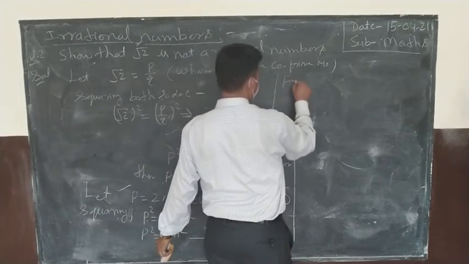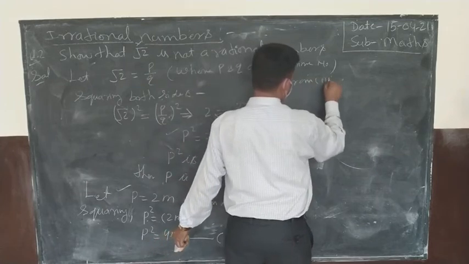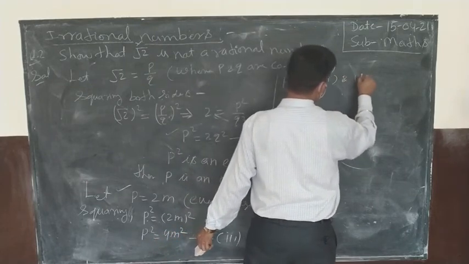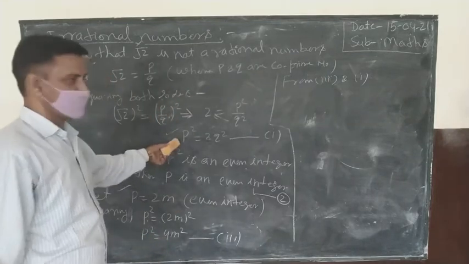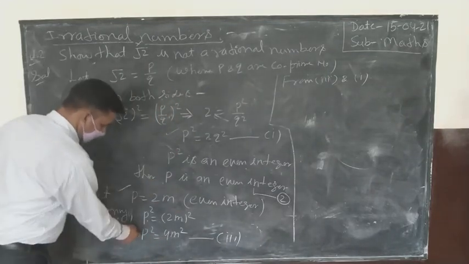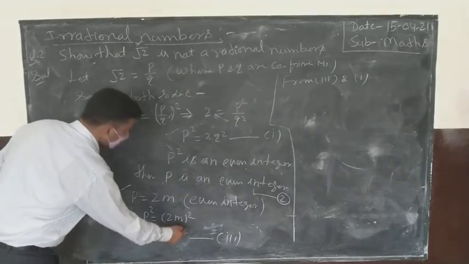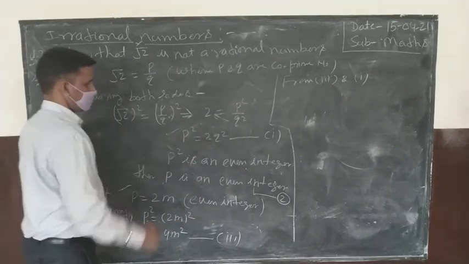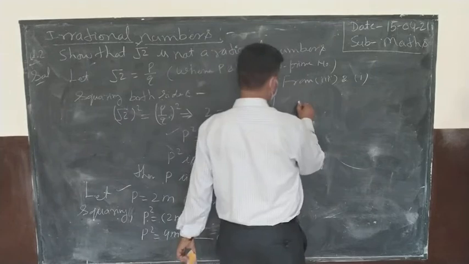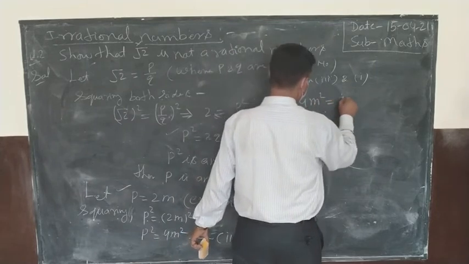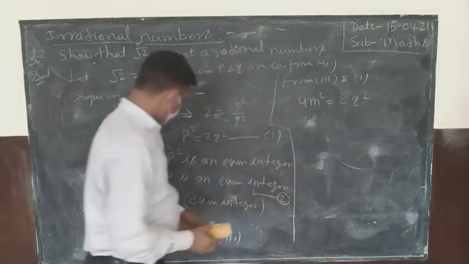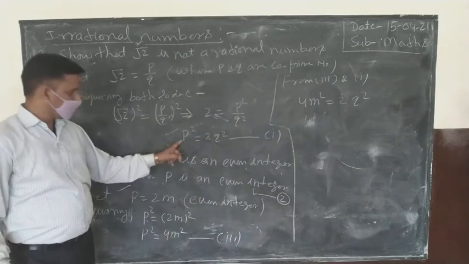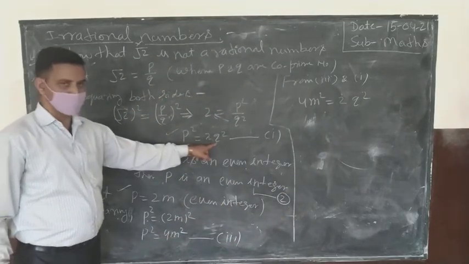From the third and first equations, putting the value of P square in the first equation: here P square, here P square. So 4n square equal to 2Q square.